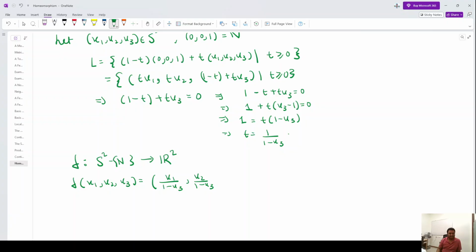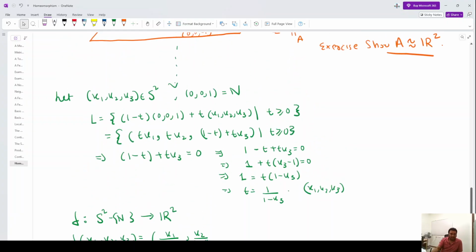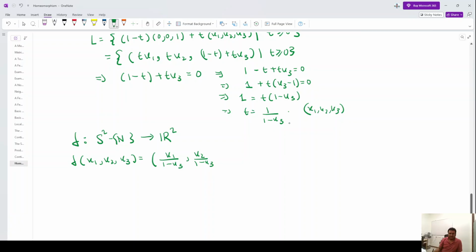Since x1, x2, x3 is not equal to 0, 0, 1, x3 is not 1. On the sphere, there is only one point where x3 is 1, that is 0, 0, 1. So that is your map.